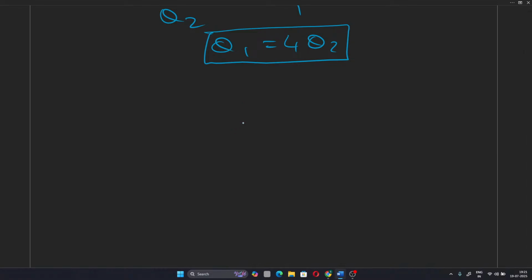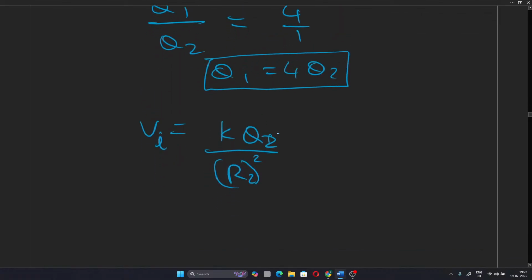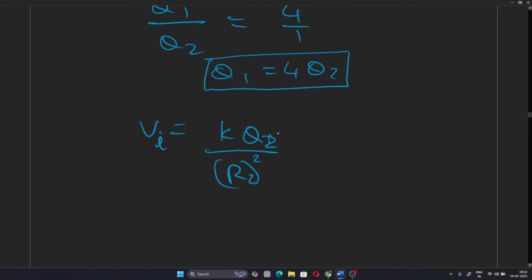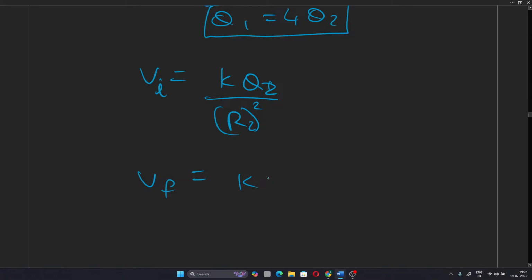Based on this, we can use the potential formula. V equals kq1 by r.